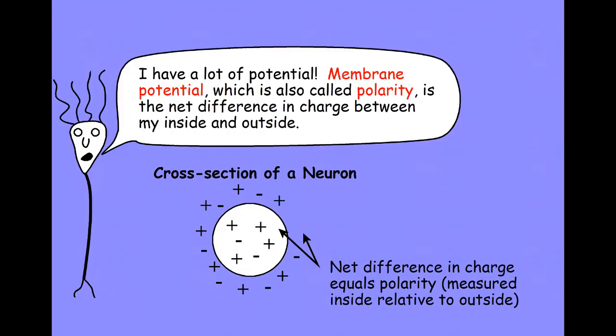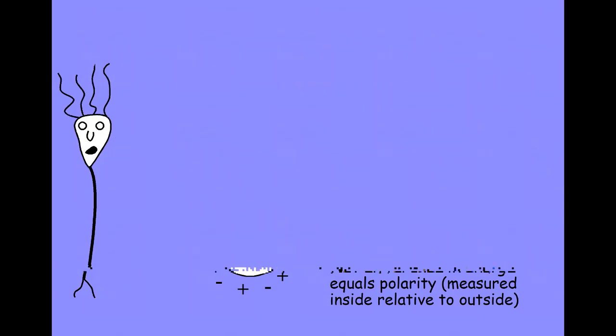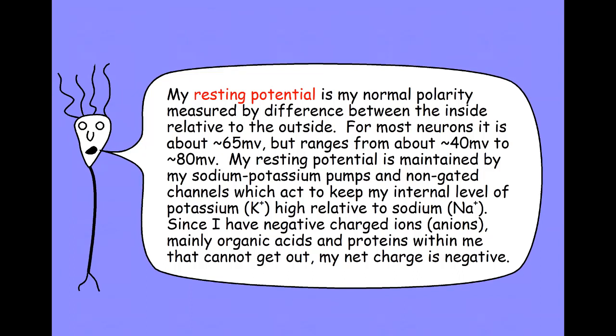So neurons have what's called a membrane potential or polarity, and it's just the net difference in electrical charge between the inside and the outside of the neuron, measured inside relative to outside. Resting potential is the normal polarity, the homeostasis.